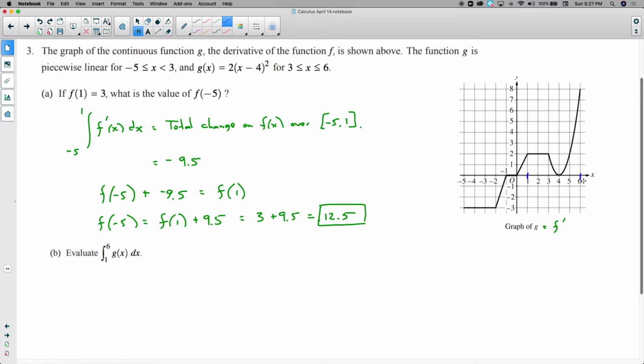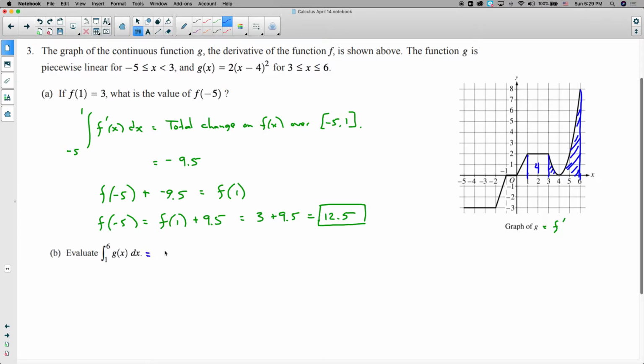I can see that the amount of area between 1 and 6 is, I've got this defined space in here, which is 4, plus the area that we can find by using integral calculus, because we've been given this function, and it's not something that you can eyeball. Clearly I could find this function and integrate it from 1 to 3 and also get 4, but since it's geometric, I can save some time.